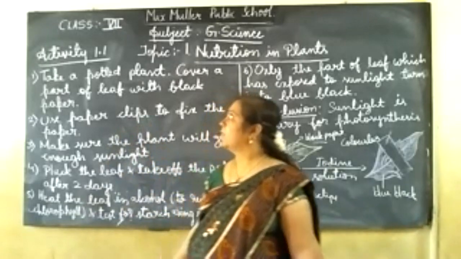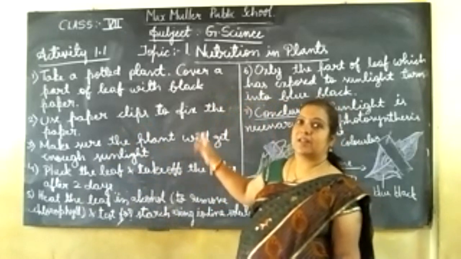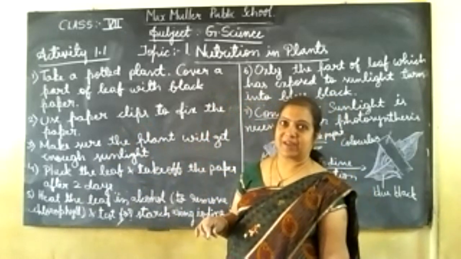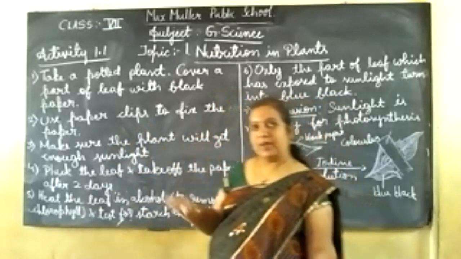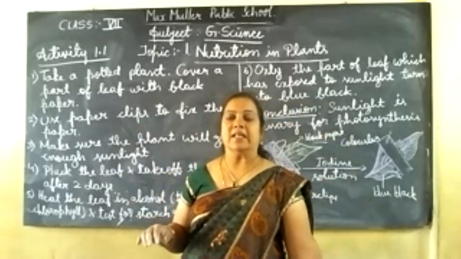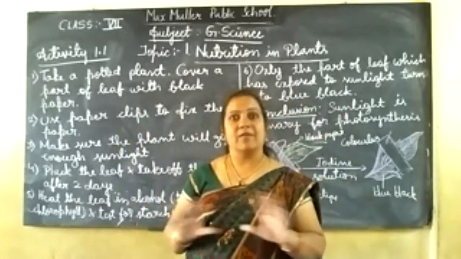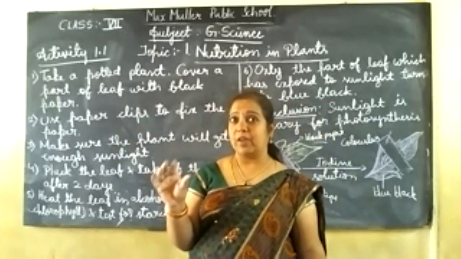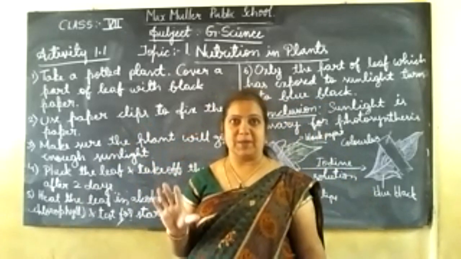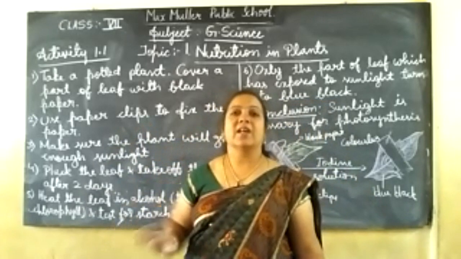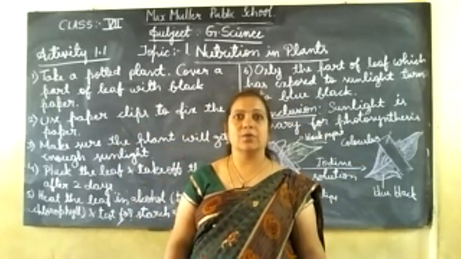Today what I am doing is not there in your textbook. Only activity 1.1 is given, but not in an elaborate form. They have given only a brief 4 to 5 lines for the experiment, so by that you will not understand how to do it.